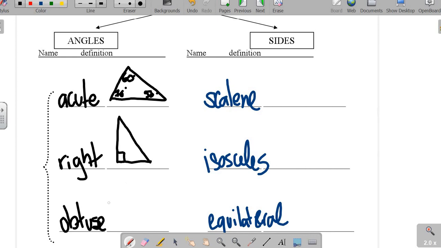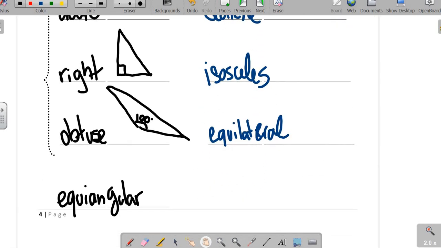Right means a single angle is 90. Obtuse, a single angle is greater than 90. Then we have equiangular. All 3 angles are equal. That's why it's called equiangular. Those are the 4 different ways we classify by angles.